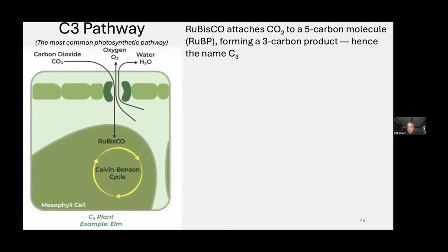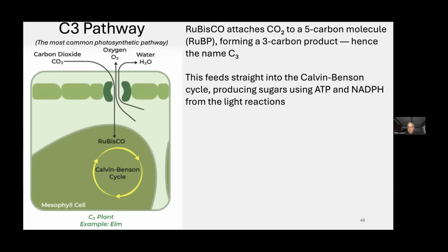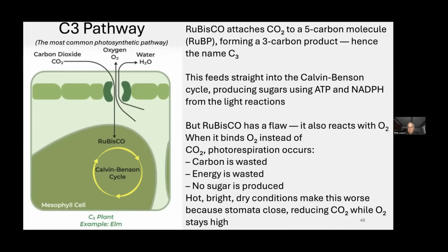That's where the C3 pathway gets its name from. This then feeds straight into the Calvin-Benson cycle, producing sugars using ATP and NADPH from the light reactions. We saw that in an earlier slide.